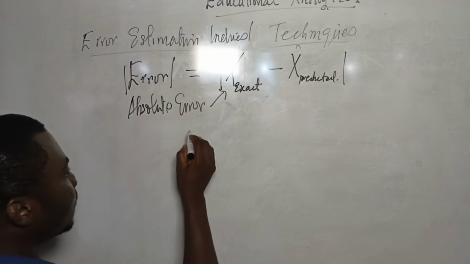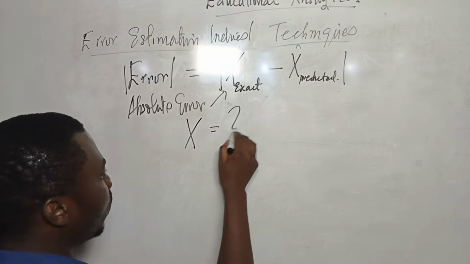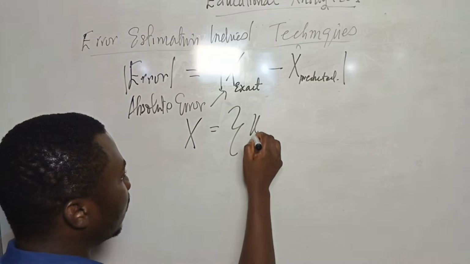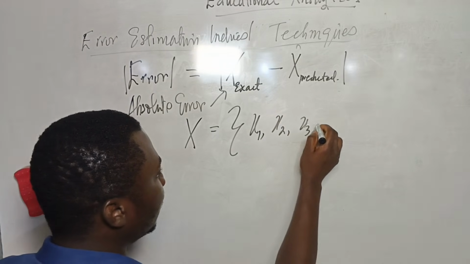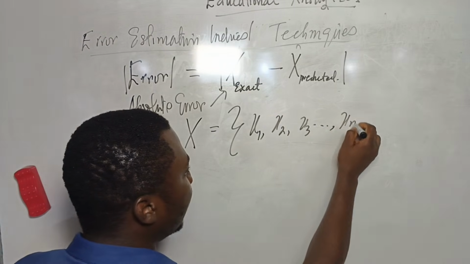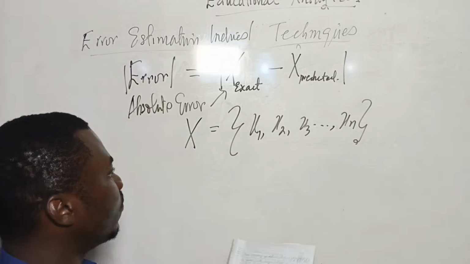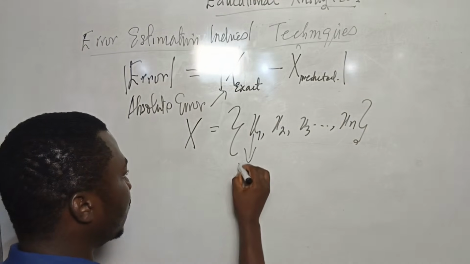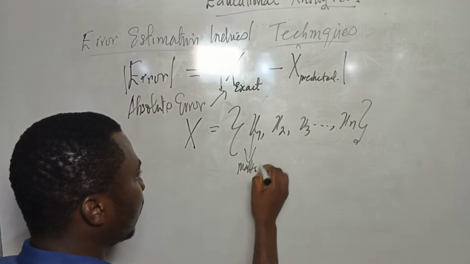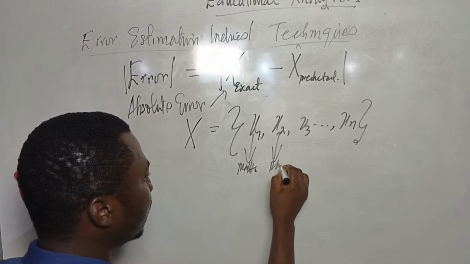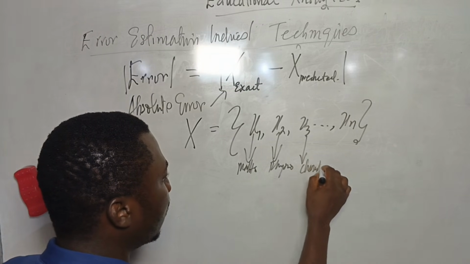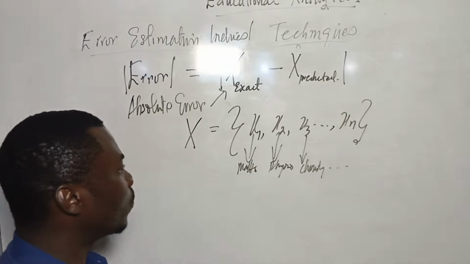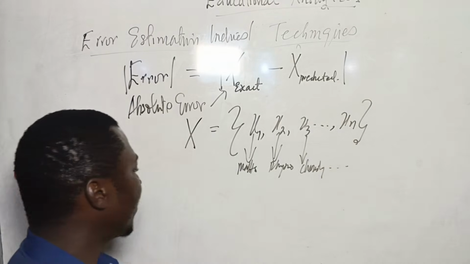Take for instance, if you want to measure student performance based on subjects, say x1, x2, x3 to xn, this is the performance in mathematics, this is the performance in physics, chemistry, and so on.